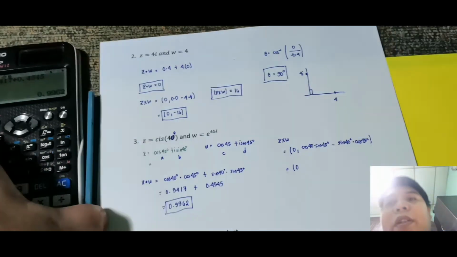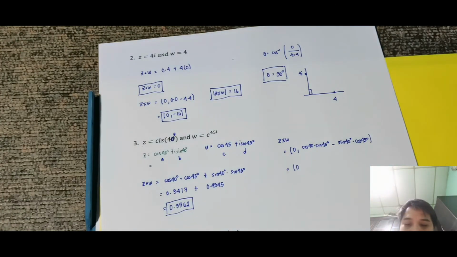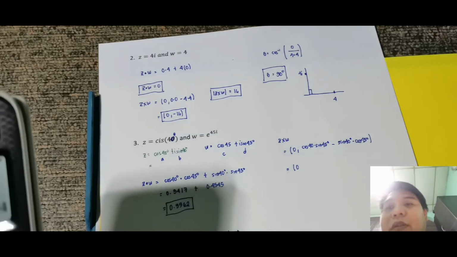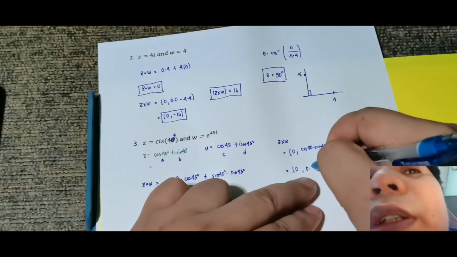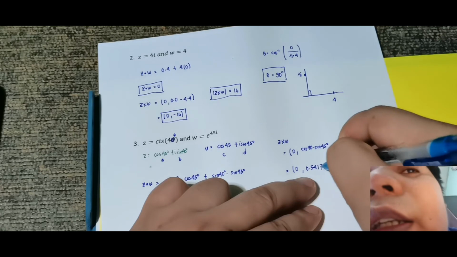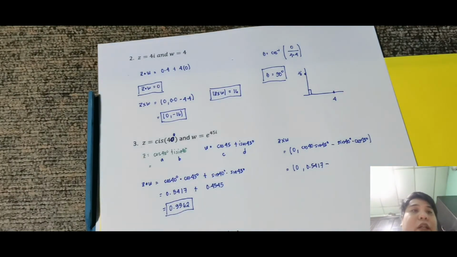So that's cosine 40 degrees times sine 45 degrees, 0.5417. That is 0.5417 minus, sorry yung tagalan, that is sine 40 degrees times cosine 45 degrees, 0.4545.